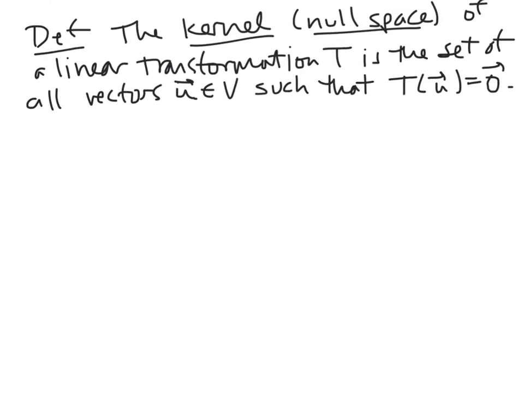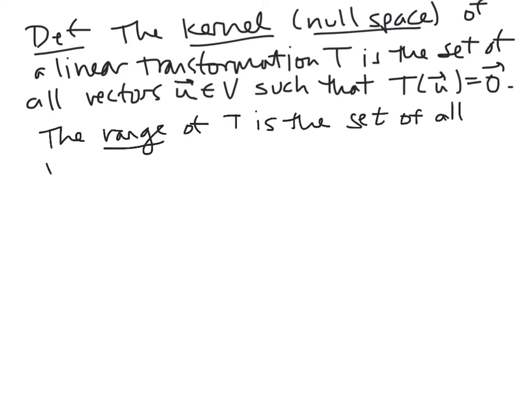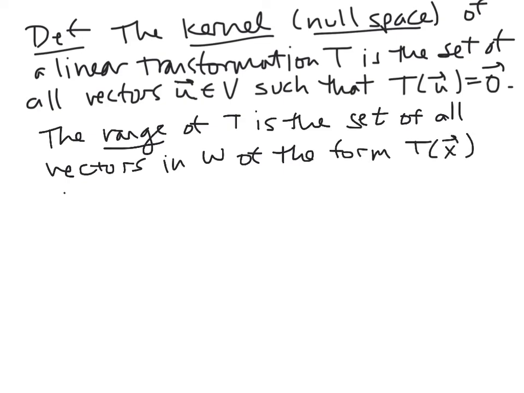And the range is all valid output vectors. So the kernel or null space are all the input vectors that go to 0 when you plug them in the function, and the range are all the valid outputs of my linear transformation or function T.